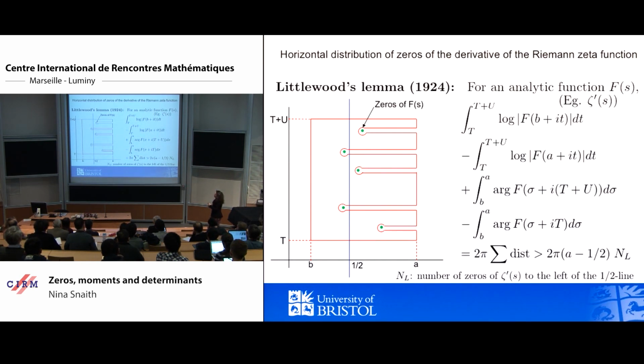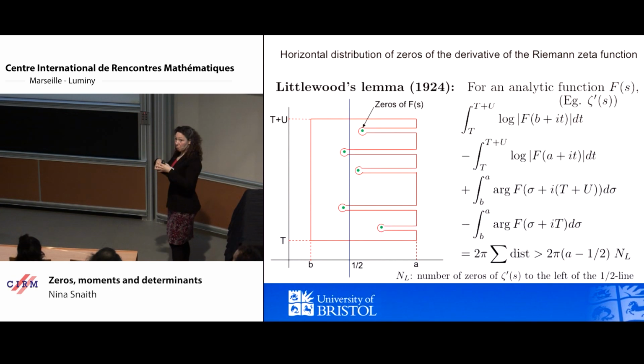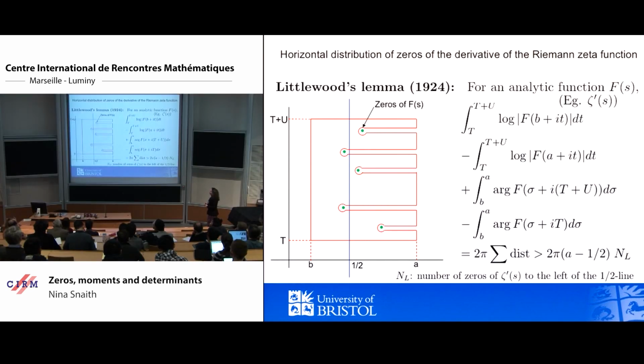So this is a lemma of Littlewood. Essentially, the lemma says if we take the log of some nice analytic function around a rectangle in the complex plane here, then the integral on that contour of the log of your function f is equal to basically the sum of distances from, say, the right-hand edge of your rectangle to any zeros that function has inside your rectangle.